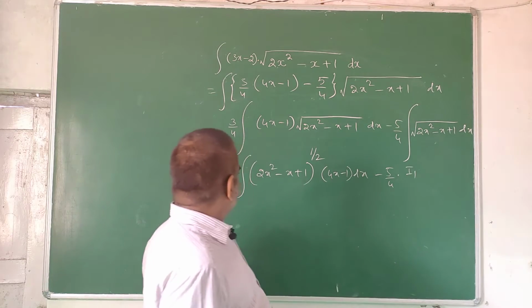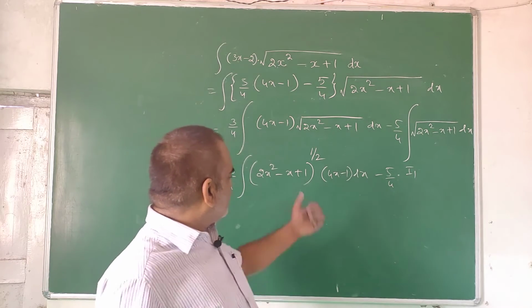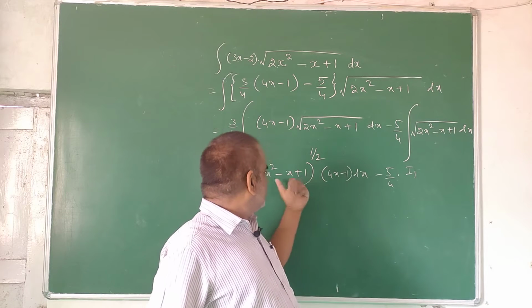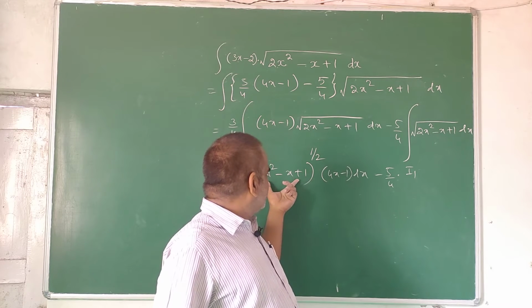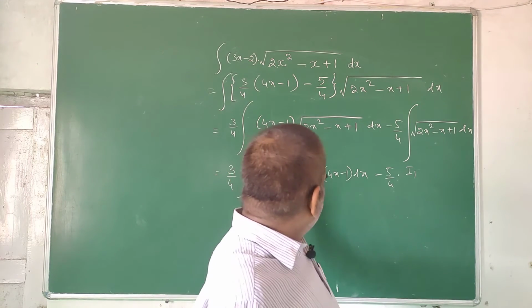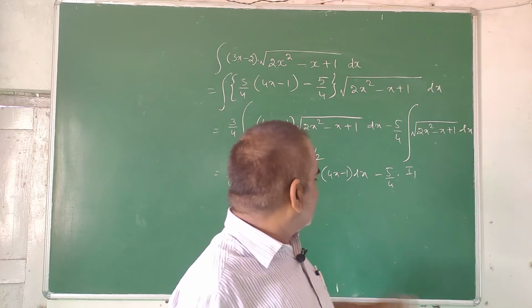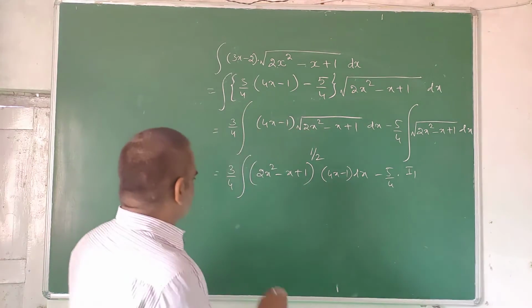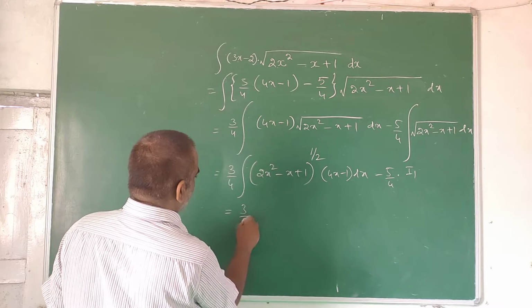Now this is in the form of f power n x into f dash x dx, because the derivative of this 2x square minus x plus 1 is only 4x minus 1. So f power n x into f dash x dx is equal to f power n plus 1 by n plus 1. So this is equal to 3 by 4.